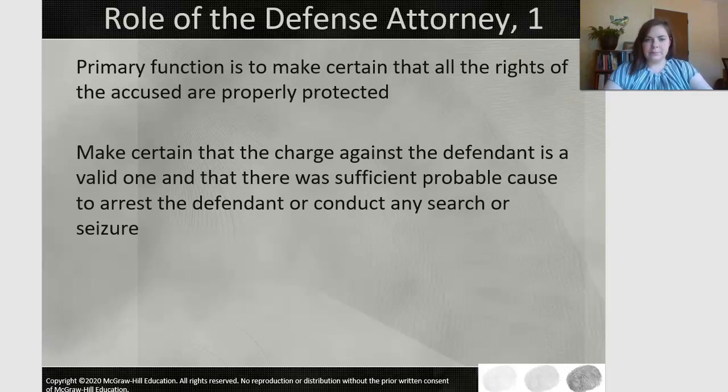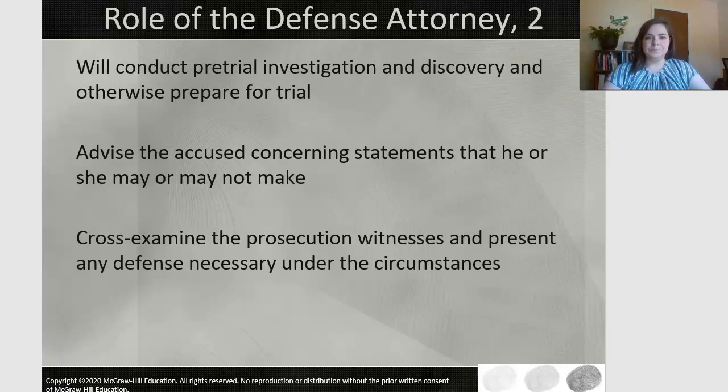The primary jobs of the defense attorney are to represent your client zealously, and to make sure that all the constitutional standards were met: does probable cause exist, did anything violate their right against search and seizure. As part of that, defense attorneys need to prepare for pretrial investigations and discovery. You need to talk to your clients about what types of statements not to make and how to deliver certain statements.